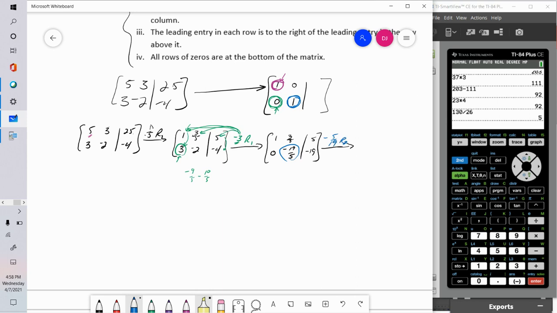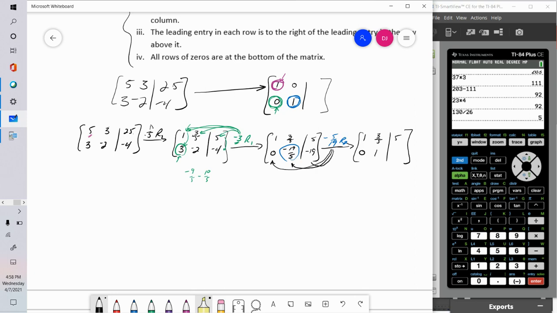And row 2 is the row that's going to get multiplied. Notice that once again, my top row is not going to change. My bottom row, negative 5/19 times 0 is 0. Negative 5/19 times negative 19/5 is 1.